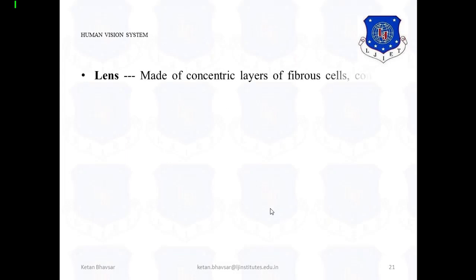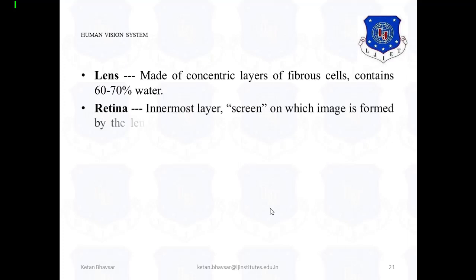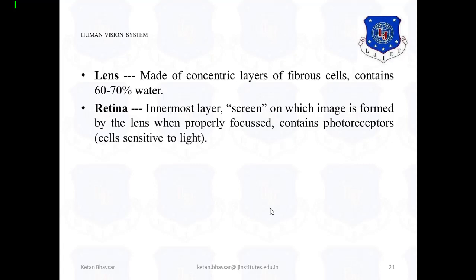Lens, made of concentric layers of fibrous cells containing 60 to 70% water. Retina, the innermost layer or screen on which the image is formed by the lens when properly focused, contains photoreceptors.